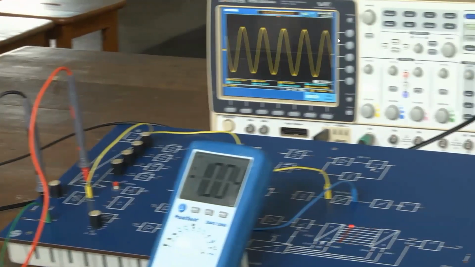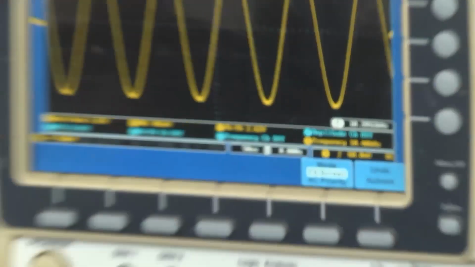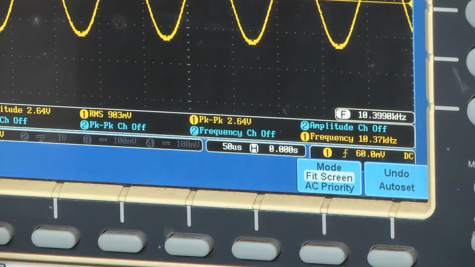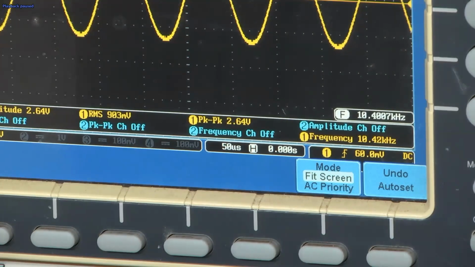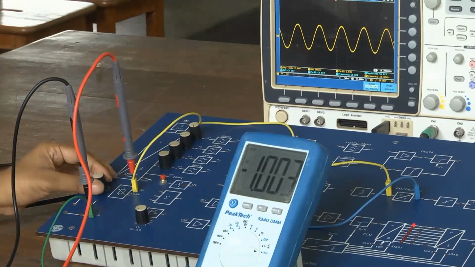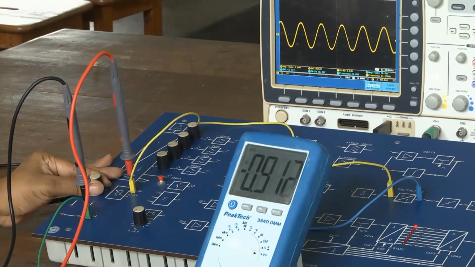Now it's minus 1 volt, and you can see the frequency. You can note down the frequency value of the output waveform. Then we have to make the input voltage minus 0.5.